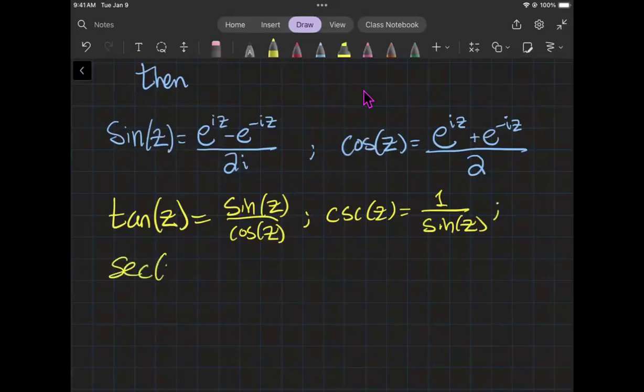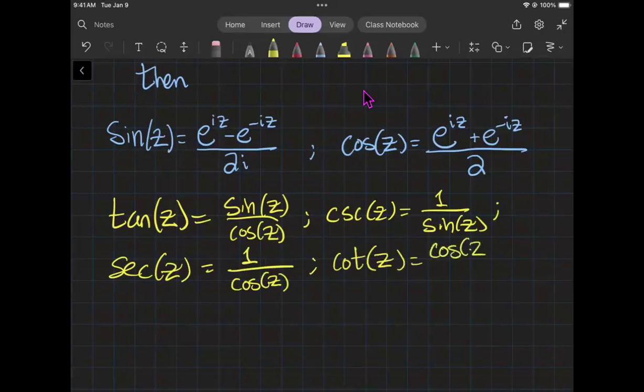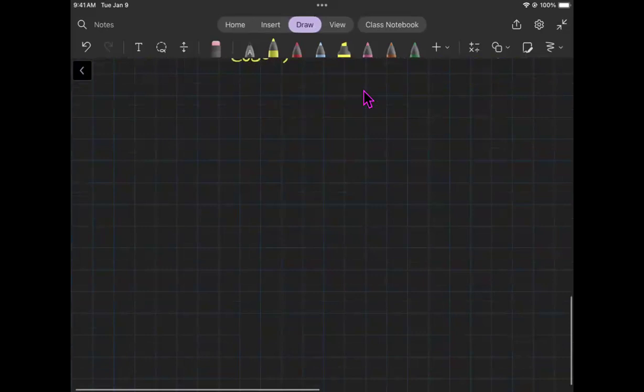Secant of z equals 1 over cosine of z, right? And then cotangent is cosine of z divided by sine of z. Okay, so not a surprise there.